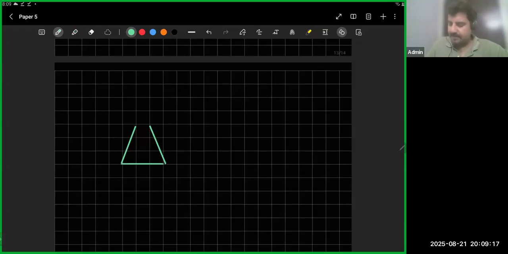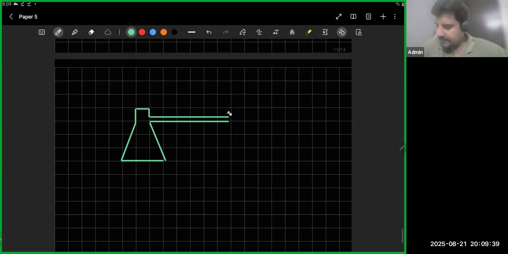Okay, so let's say this is my apparatus, and there's a tube, a delivery tube. Make sure this gas tube is known as a delivery tube, and that delivery tube goes to a gas syringe.